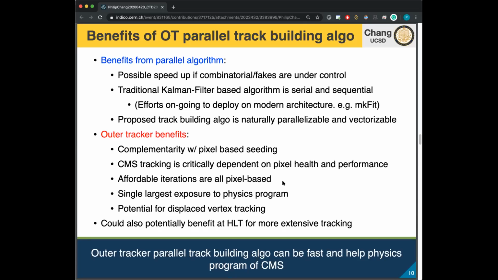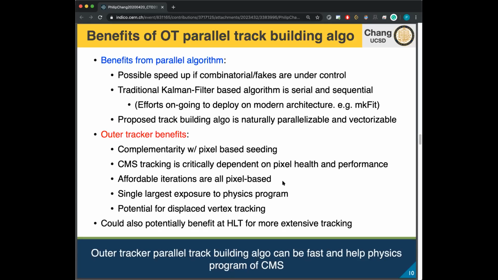And also the outer tracker benefits are pretty clear: it's complementary to the pixel-based seeding track building. Many of the tracking algorithms in CMS are critically dependent on the pixel health and performance. And going forward in the future, this is also a good exposure that we can have.